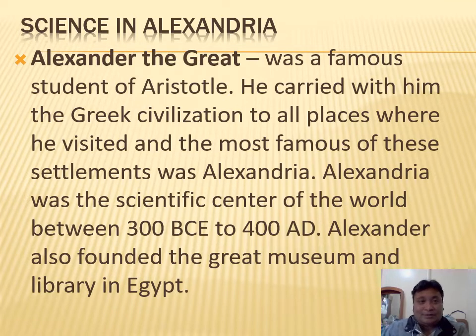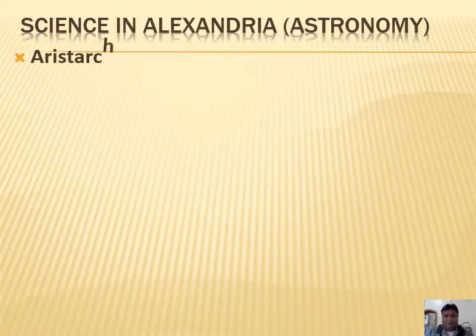Alexandria was a scientific center of the world between 300 BCE and even up to 400 AD. Alexander founded a great museum and library in Egypt. Okay, the next one.